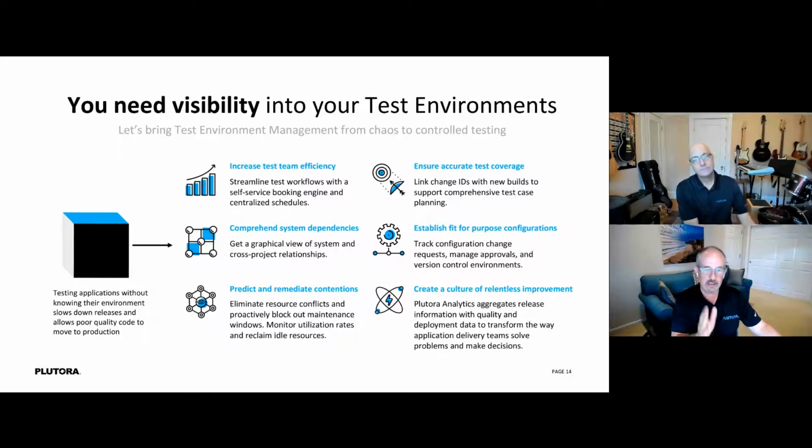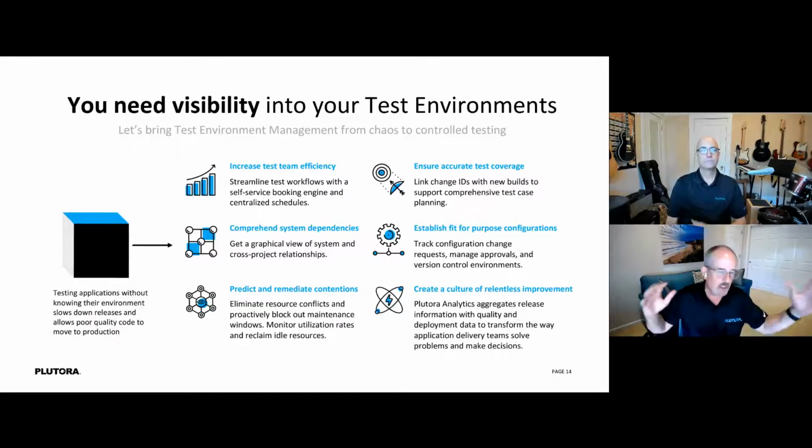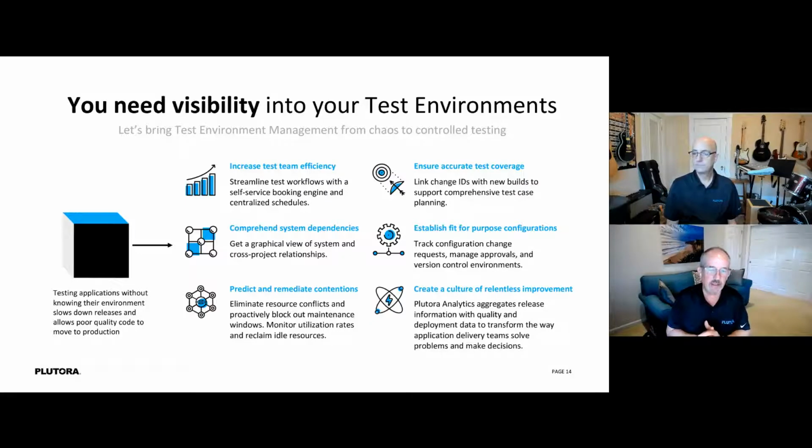Another one is test environments. When I came to Plutora five years ago, I had no concept of how big of an issue this was. And I talked to some of the analysts along the way, and the name of the game was always about automated testing. Hey, we need to do automated testing, and of course automation is a banner headline off of DevOps anyway. So automated testing is very cool and sexy.